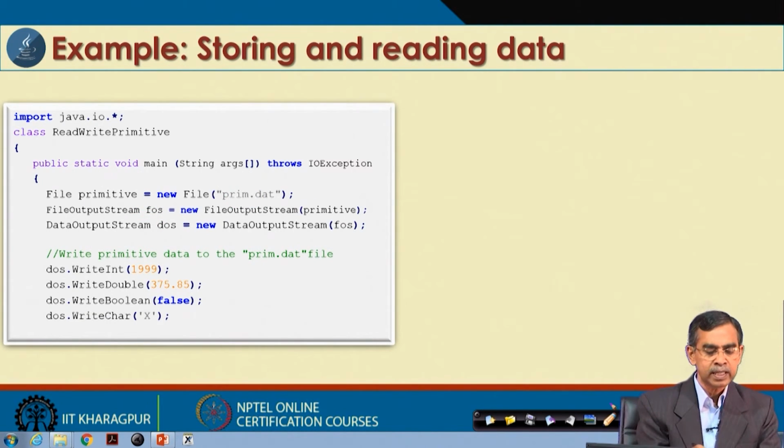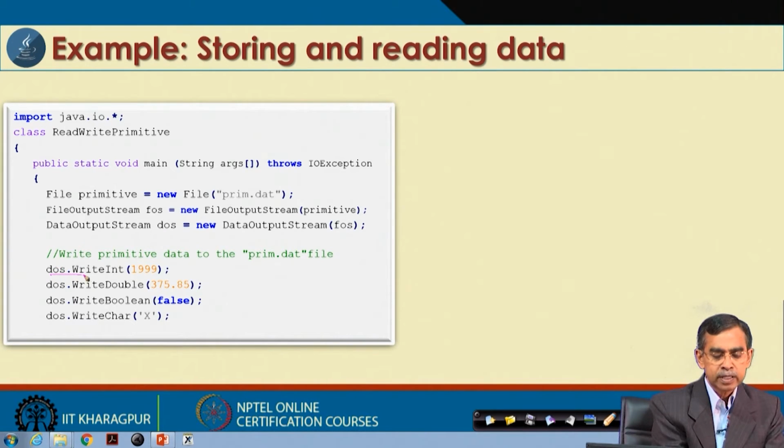Now, here again you see for the data output stream, the method write int is there, that means it knows how to write an integer into this data output stream. Similarly, there is a write double method in the data output stream class, which helps to write a floating point number into the object, and boolean also, and then character.